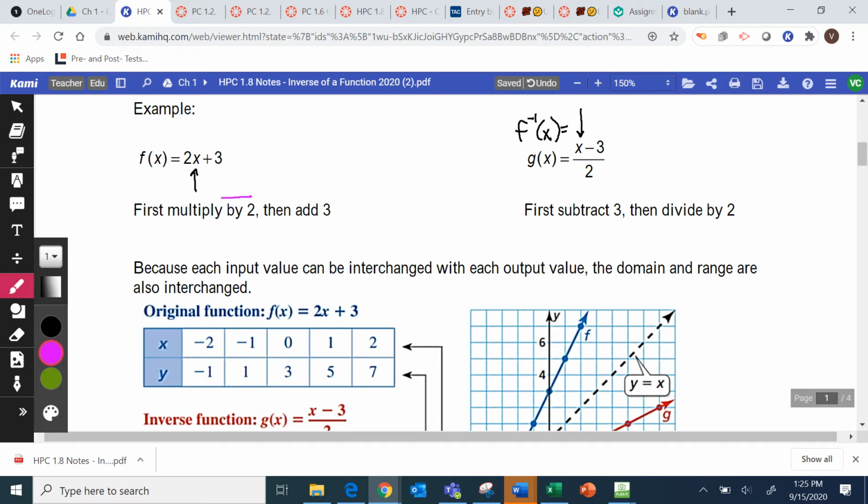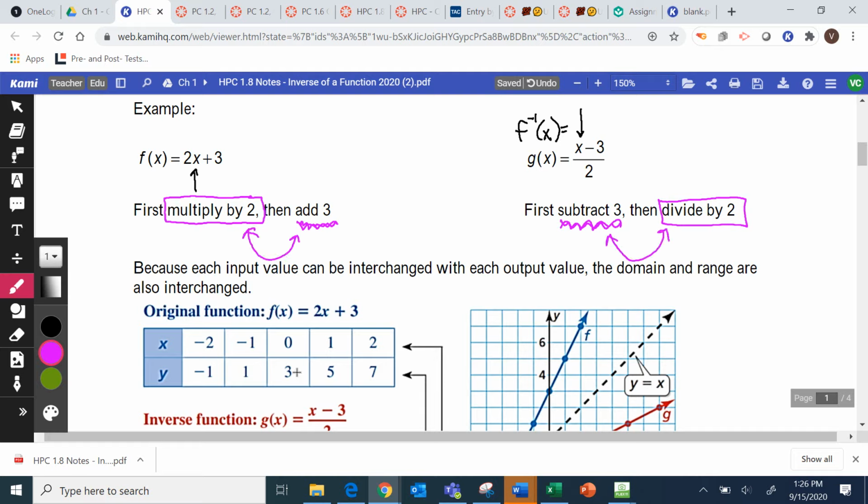Well, if you notice, multiply by 2, and we talk about what undoes multiplication in math. You would divide by 2. That is called an inverse operation. If we talk about add 3, what's the inverse to adding 3? Subtracting 3. And you'll also notice that these are in a different order than these.